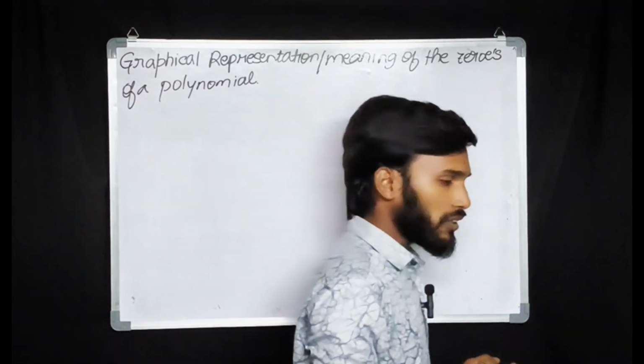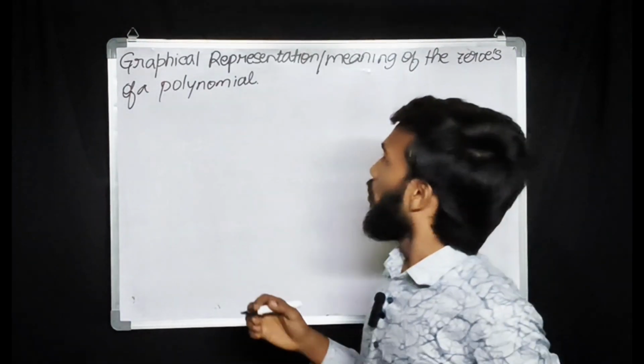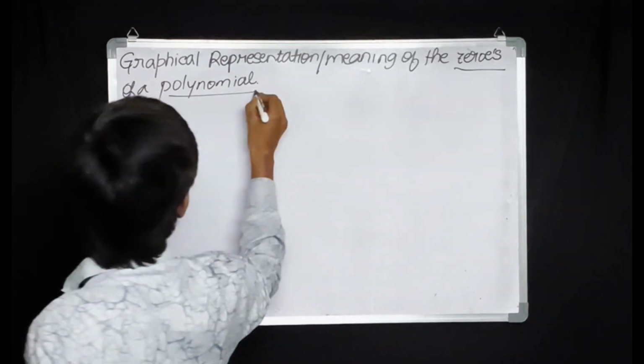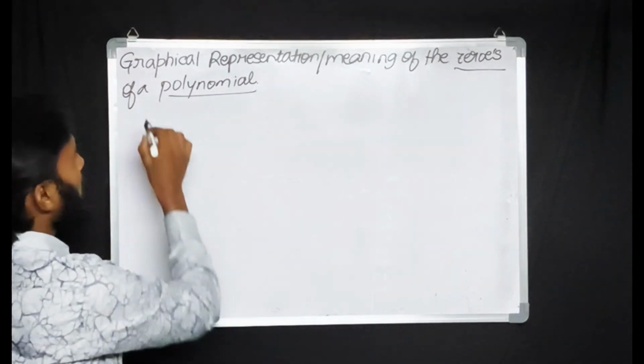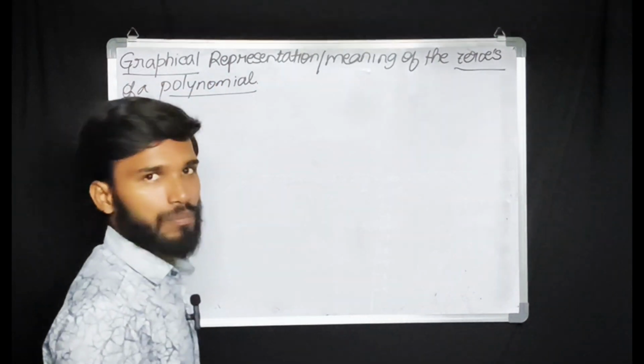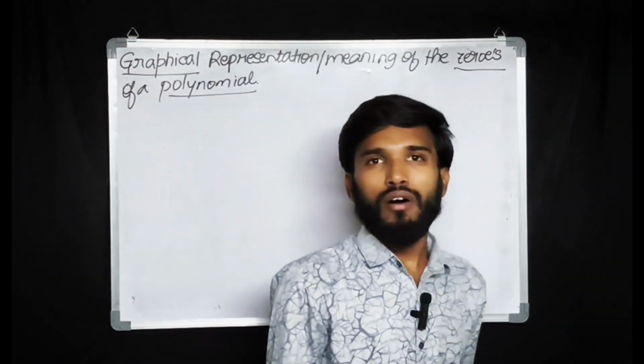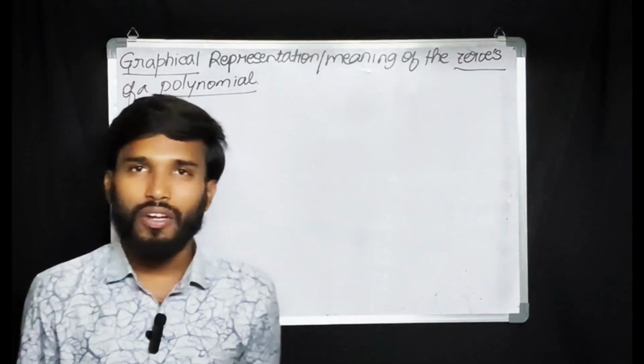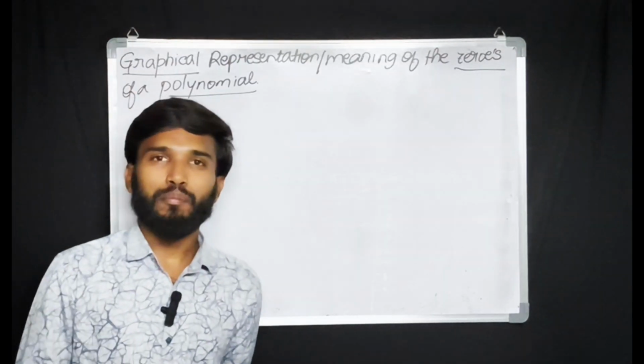Here two words are important. The first is zeros of the polynomial, and by what method? The graphical method. Graphical meaning of zeros of a polynomial, or else graphical representation of zeros of a polynomial.